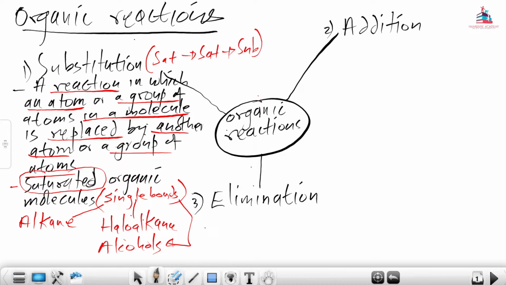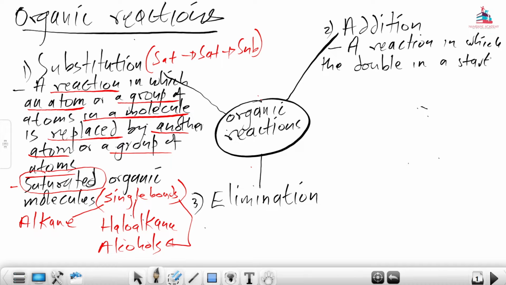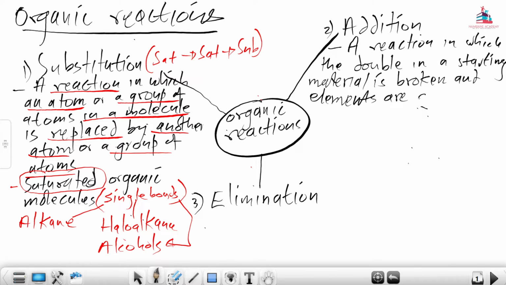With addition reaction, we define it as a reaction in which the double bond in a starting material is broken and elements are added to it.